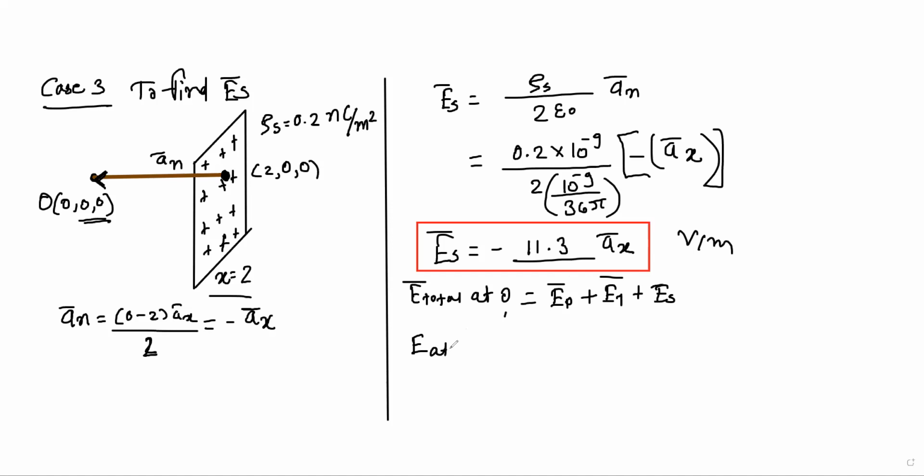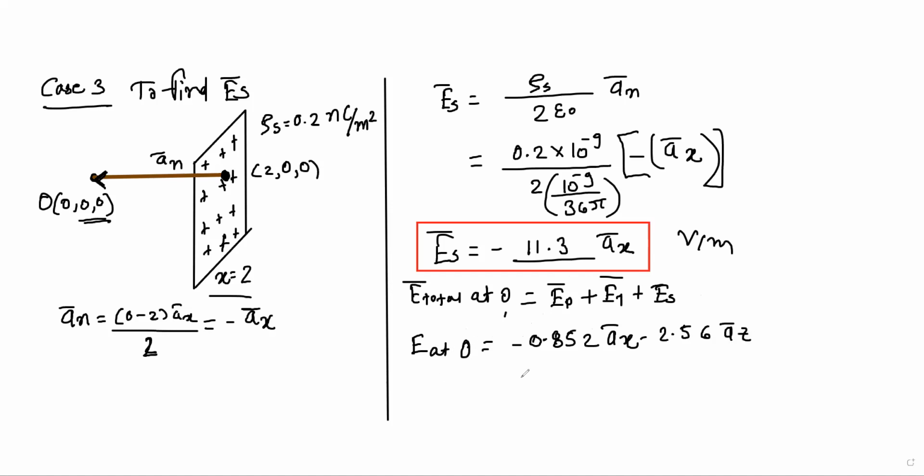So E bar at origin is equal to minus 0.852 a bar x minus 2.56 a bar z.